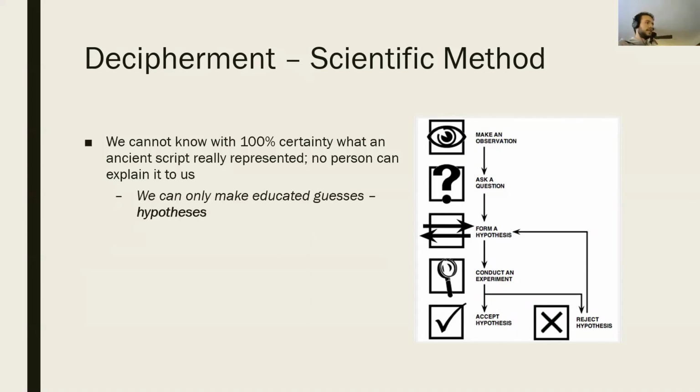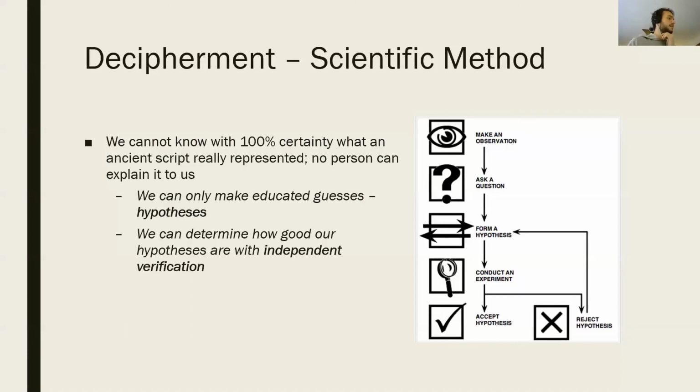The only thing we can really do is make educated guesses. In other words, in the language of the scientific method, we can only make hypotheses about what the writing system is. And the only way we can determine how good our hypotheses are is with independent verification, or in other words, through experimentation.